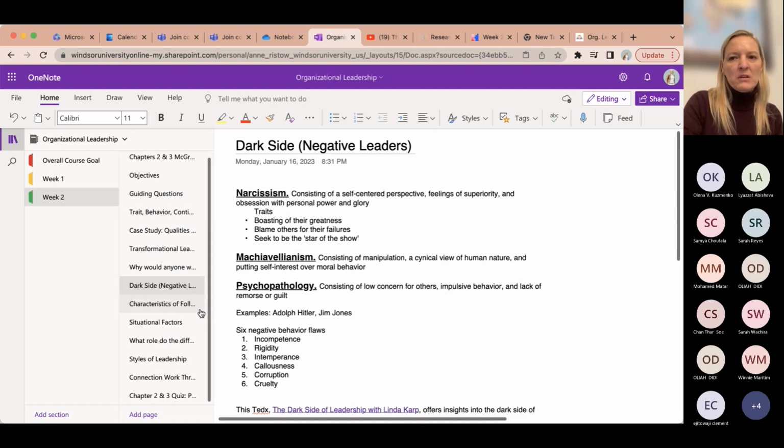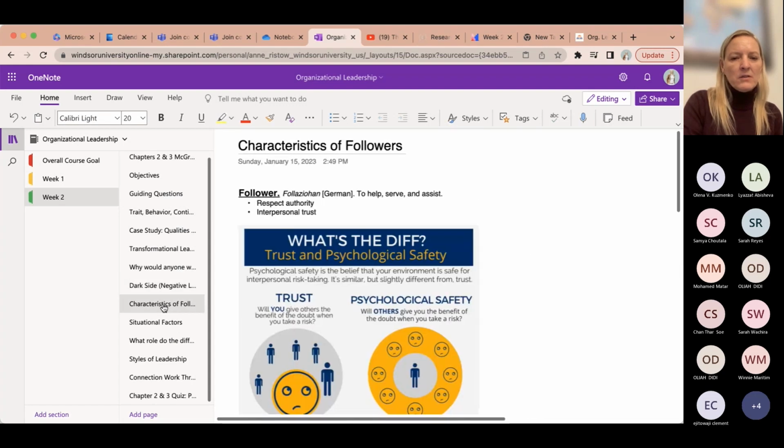So what I want to do here is go ahead. We have about 4 minutes left. So a couple of things that we did not cover today, which I will begin back up at on next week, is characteristics of followers, situational factors, and what role do the different kinds of intelligence play, as well as styles of leadership.